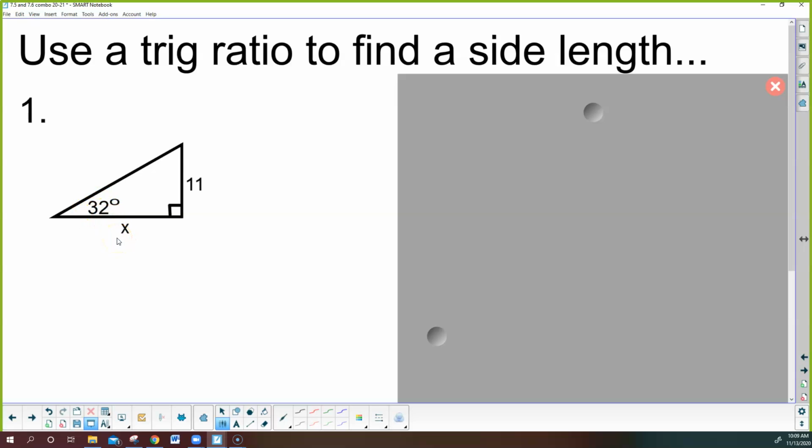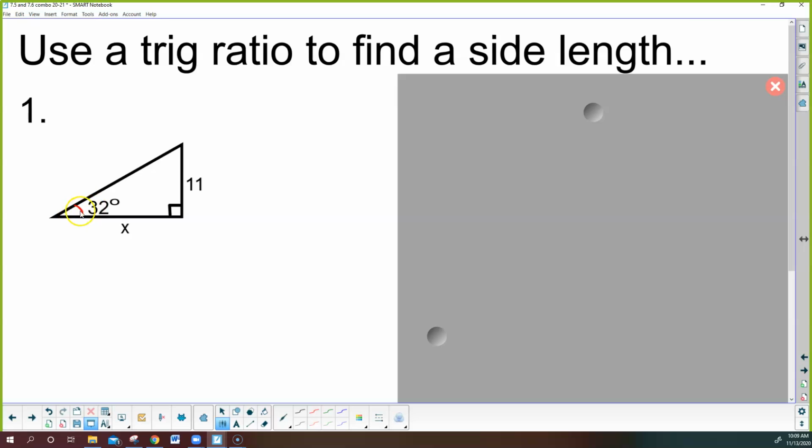So what does this mean? Trigonometry allows us to find missing side lengths with very little information. The only thing we have to know is it has to be a right triangle, and we have to have one side length and the acute angle. All right, so here's what I like to do.